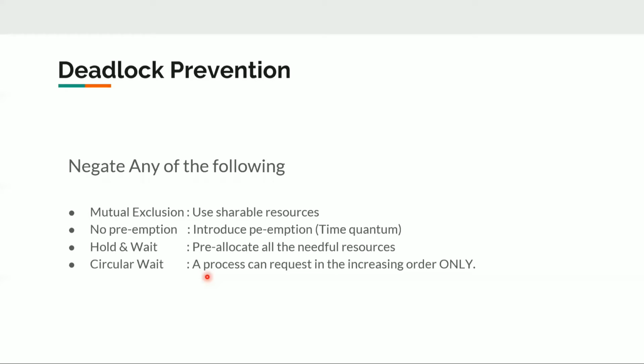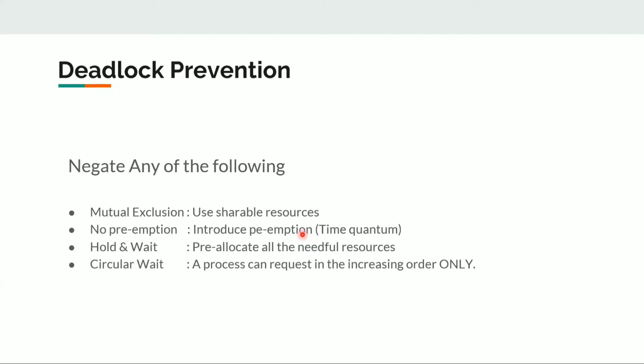On the other hand, if I negate any one of these, or all four, you can save the system from deadlock. So in deadlock prevention, we just negate one of these conditions. We will discuss how to negate them one by one.